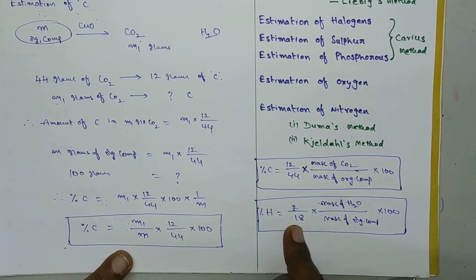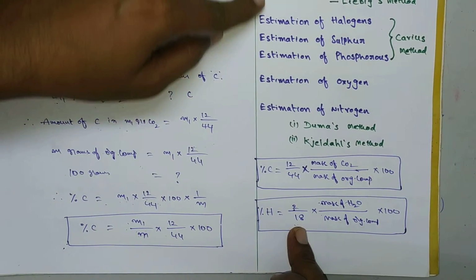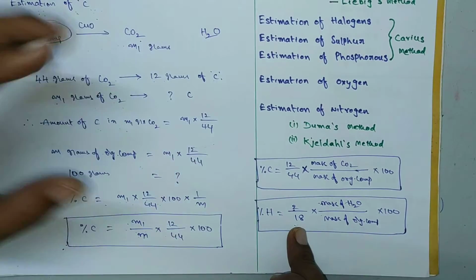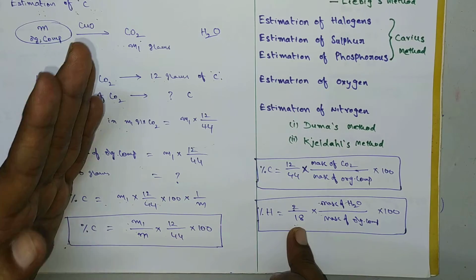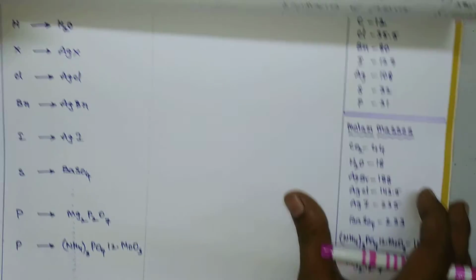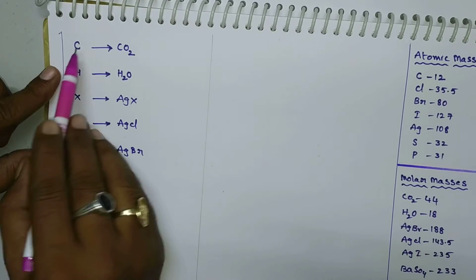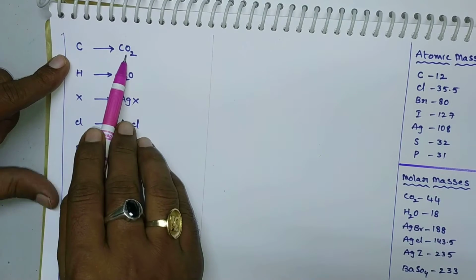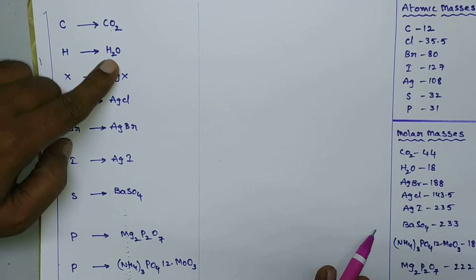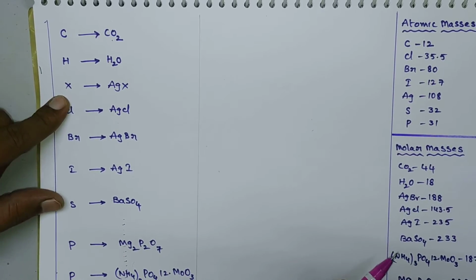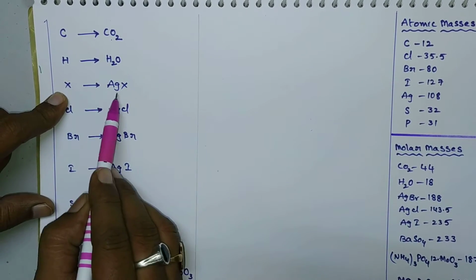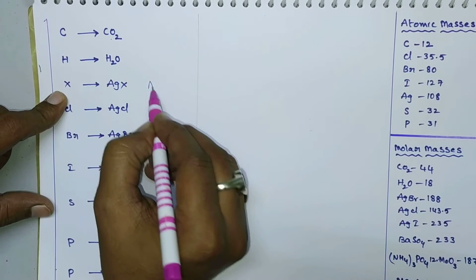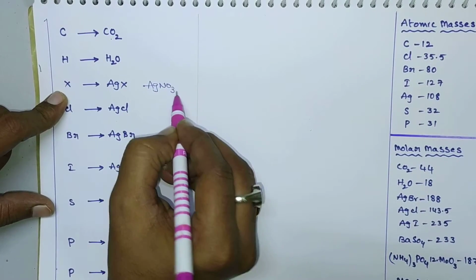Okay, clear? So now let us have a look at the estimations of all these elements. First we have to know how each will convert into a suitable form. Here carbon is converted into carbon dioxide and hydrogen is converted into water. Suppose you are supposed to estimate halogens, the halogen should be converted into silver halide by treating with silver nitrate, AgNO3.